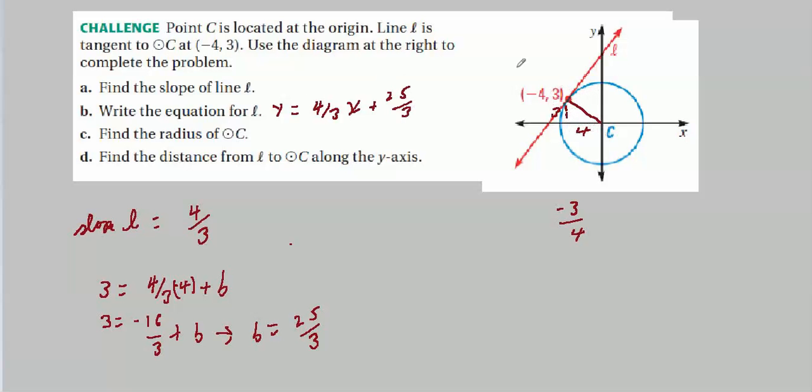So, here we have a right triangle. Here's our right angle here. 3, 4, remember? 3, 4, 5 is one of our standard triples for a right triangle.